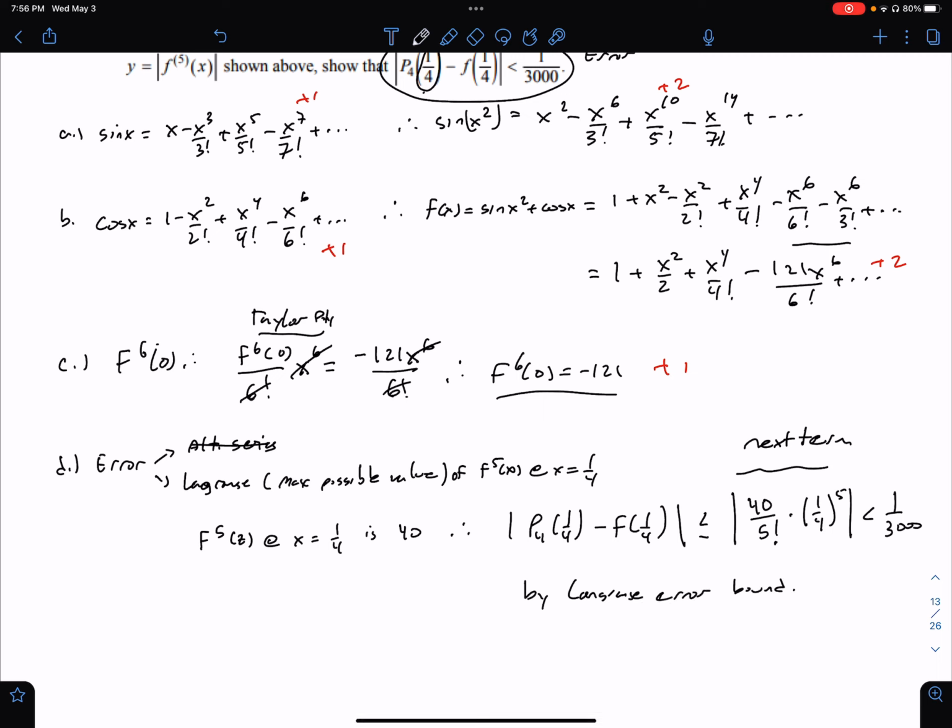Okay, so how could we shortcut this a little bit? You can get away with writing R4 like that instead of writing out the word error. But you should mention somewhere that the maximum error at 1/4 is 40. You should indicate that, and this will be worth 2 points.